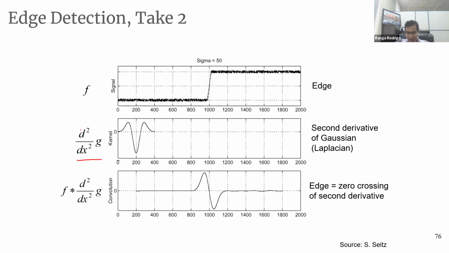Why can you put d here? You can put d here because this is one dimensional, so you don't have to consider the partial derivative, you can just consider the derivative. Then if you convolve the image with the second derivative of the Gaussian, which looks like this, at the edge, what will happen?